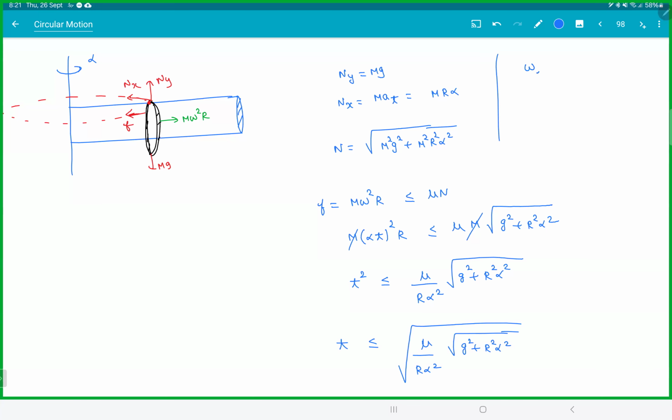So here remember omega final is omega initial plus alpha t. So initially omega is 0, so omega final is alpha t. So here basically the friction on the rod is towards the center. That is what is stopping you from slipping.